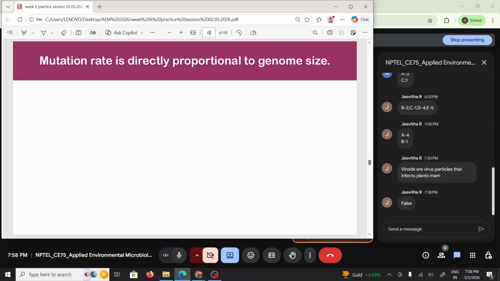Okay, again a true or false question, whether the mutation rate is directly proportional to the genome size.